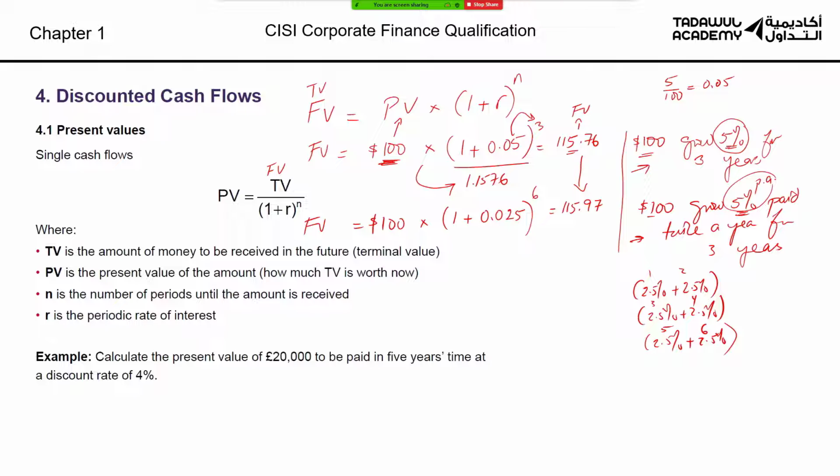If CISI tells you this is actually paid quarterly, technically you're going to be getting 1.25% every quarter, plus 1.25%, plus 1.25%, plus 1.25%. That's in the first year. Do that across 3 years, you'll end up getting an even higher amount, probably somewhere around 116.1.